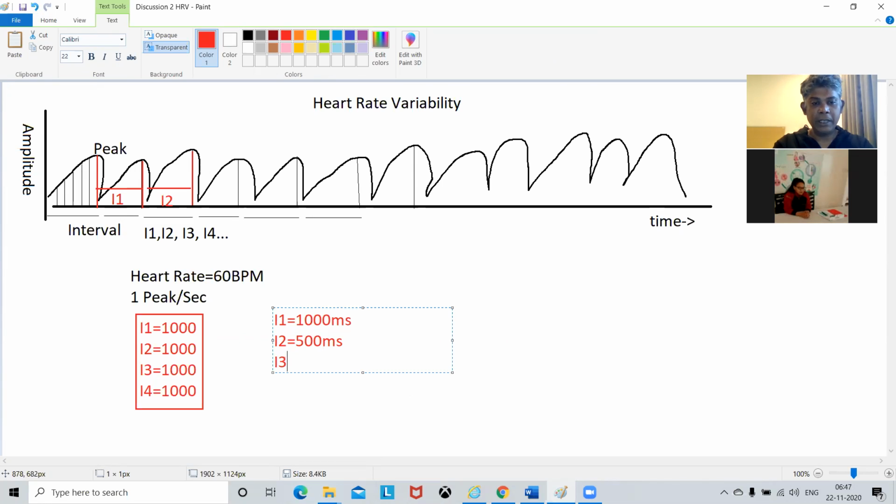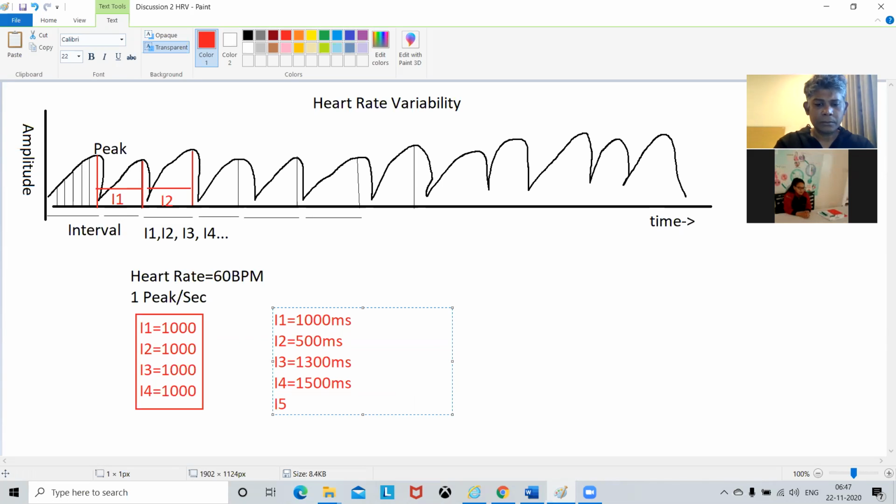Then I3 appears after 1300 milliseconds. I4 appears after 1500 milliseconds. The longer the distance, the peaks are arriving far apart, so heart rate is coming down. And the smaller they are, the peaks are arriving quickly, so heart rate is higher.